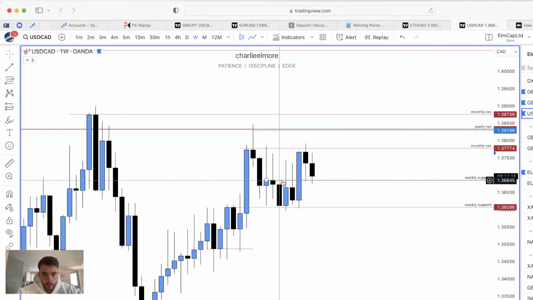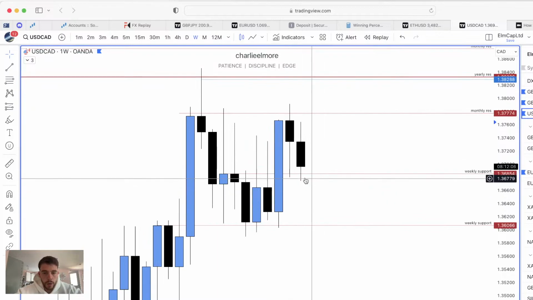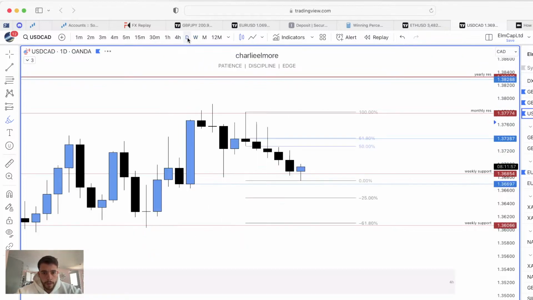It's tapped into here once more. This is the weekly support area. So obviously it tapped into this last week and now we're revisiting it. I don't think this is going to do anything in terms of putting a new high. I really don't think that. If it does, that's great. But what I'm favouring is this.